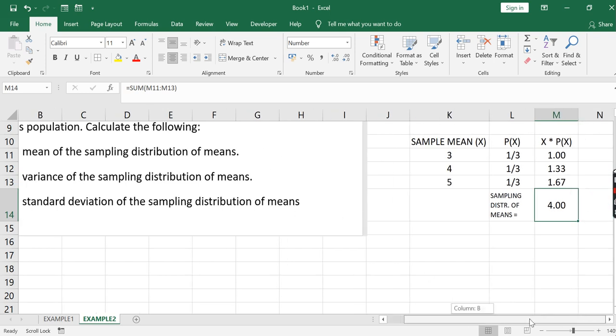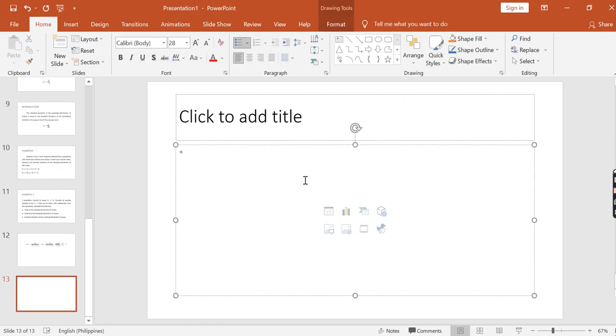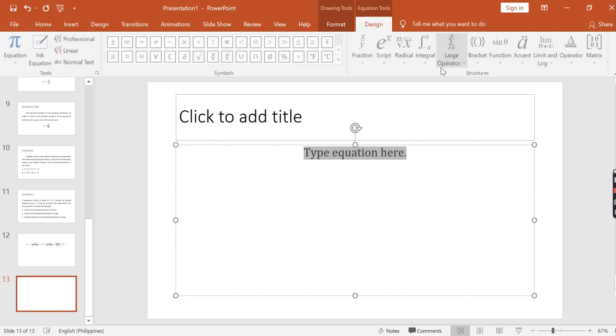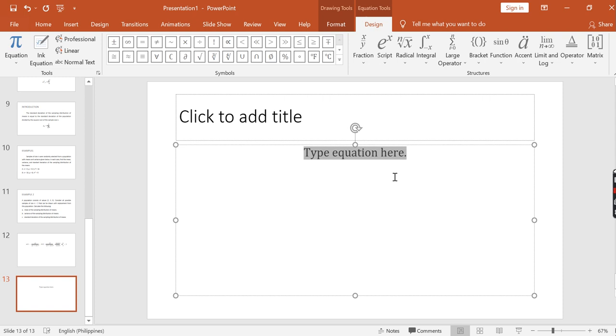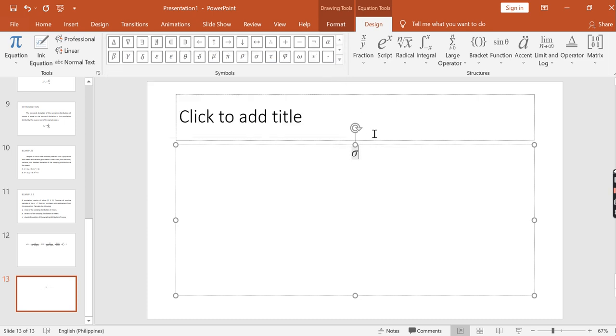Now, let's find the variance. I hope you can still recall the formula for the variance. The formula for the variance of any distribution is almost the same.